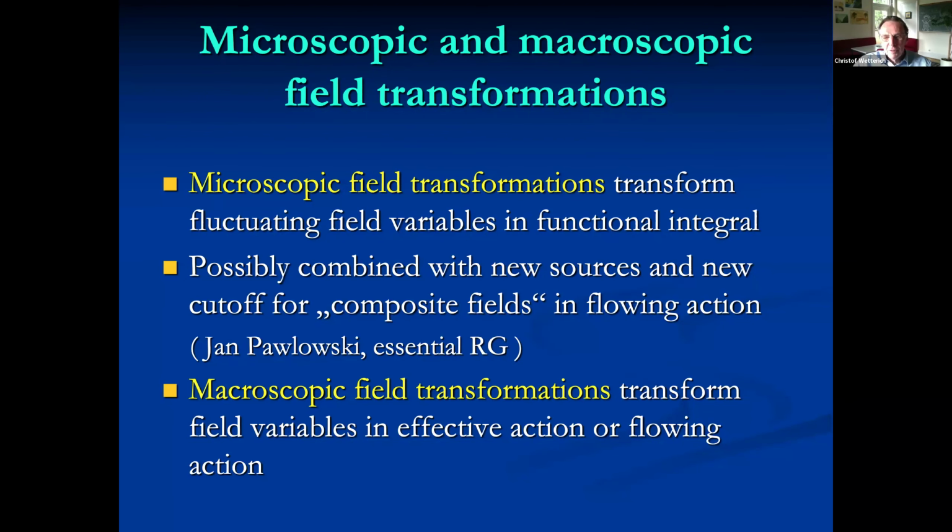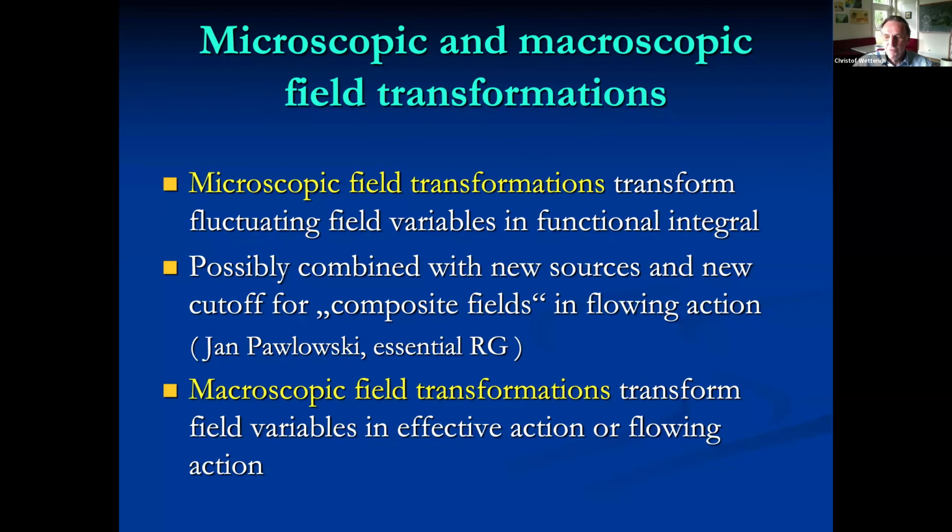You may be a little bit skeptical because you have not seen variable transformations in the functional integral for deriving these, but you will see in a moment that nothing else is actually behind it. In contrast, the macroscopic field transformations transform field variables in the effective action or flowing action.